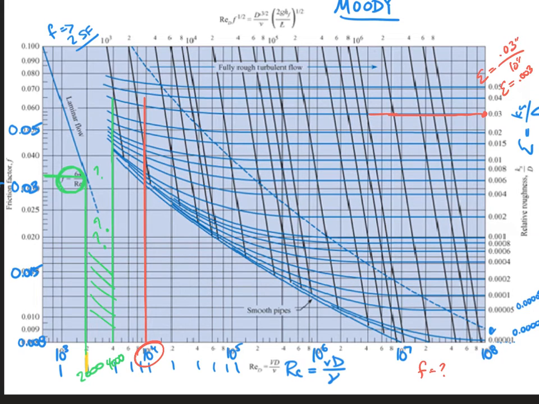Now you'll note that right now we've got a nice one, because it's falling exactly on a line. It's not always going to be so nice. You're going to have to do some guessing here. We go up until we hit right here. When we get right there, we draw a line to the left. So we're going to go like this.